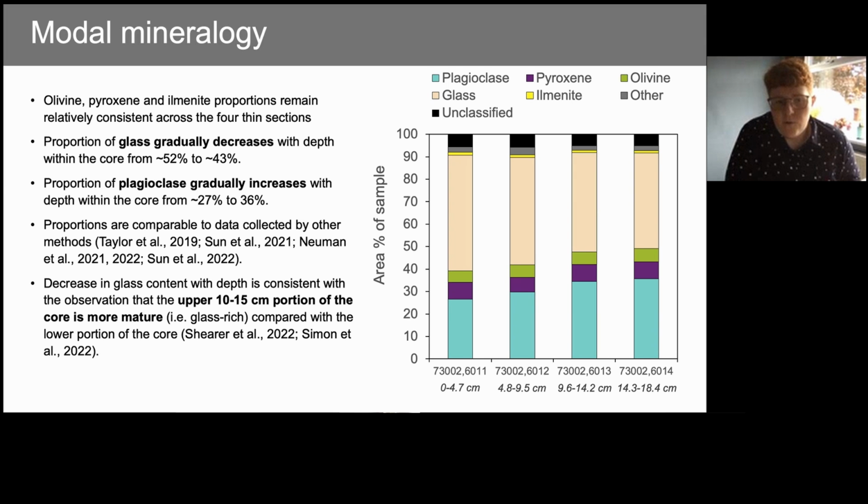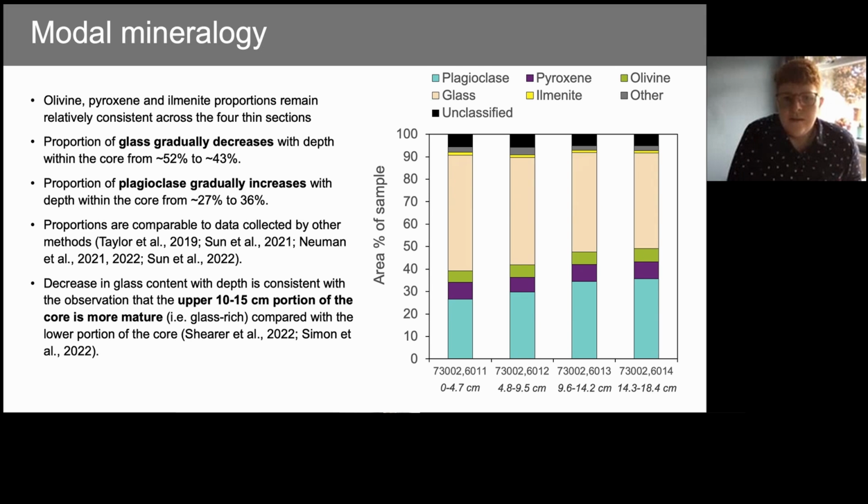And in terms of what we found, if we look at the graph, we go from 6011 on the left, which is our 0 mark on the core, all the way down to 6014 on the right, which is our deepest part at 18 centimeters. We can see that the olivine, pyroxene, and ilmenite portions remain relatively consistent within the 4 thin sections, just a couple of % different across the sections, with no overall trend.